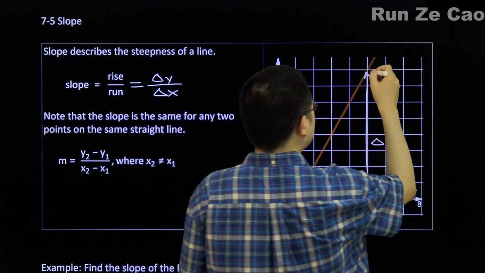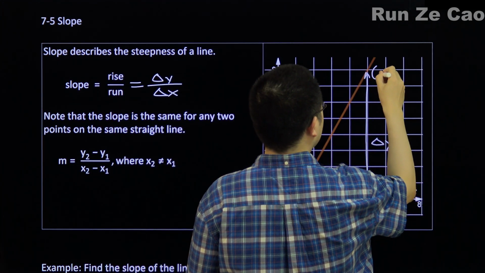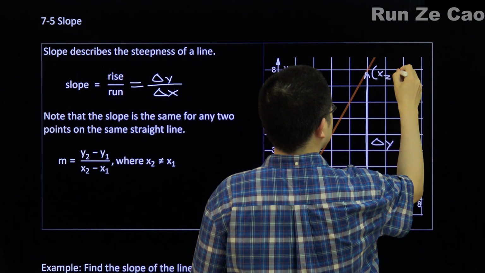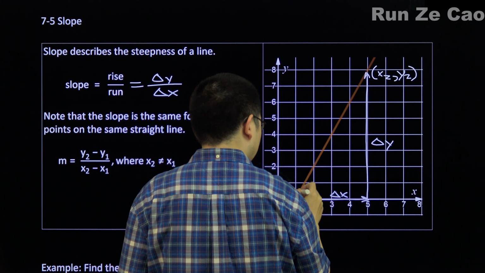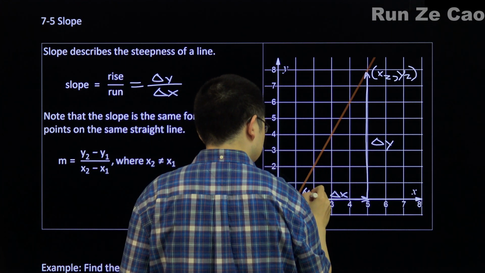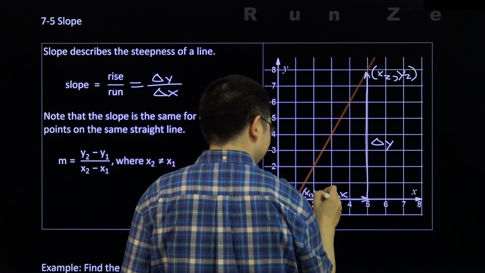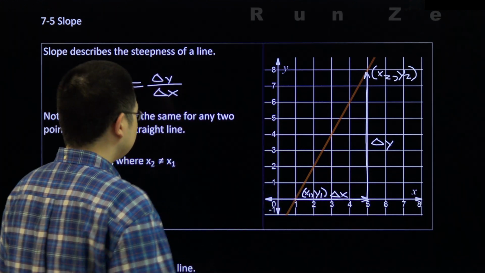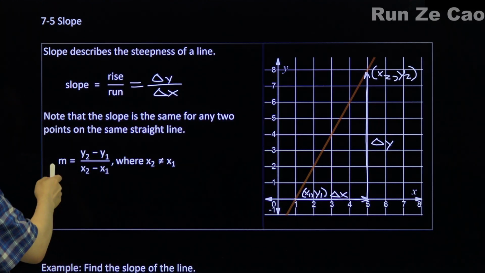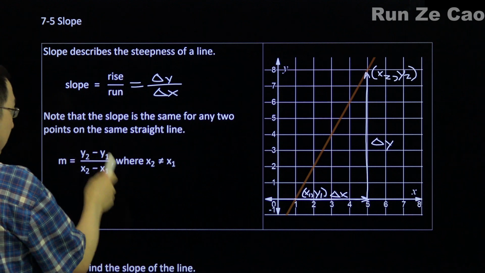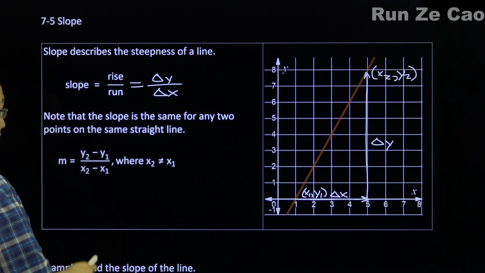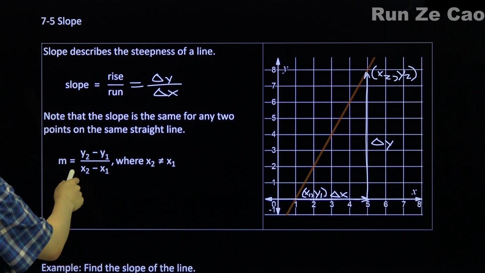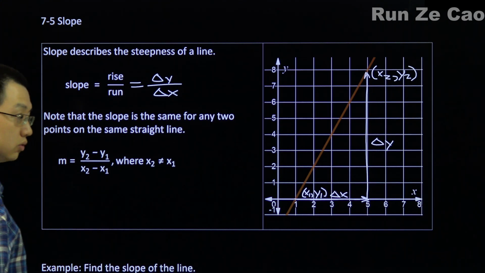And it's between 2 points, which are x1, y1 and x2, y2. Now, x2 is not equal to x1. That's important, because otherwise you end up with divide by 0.